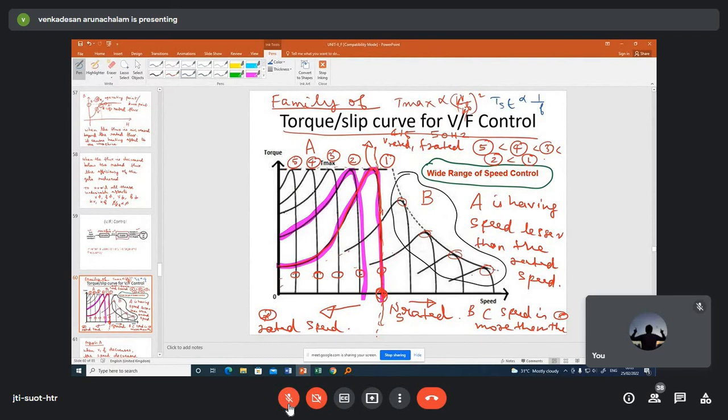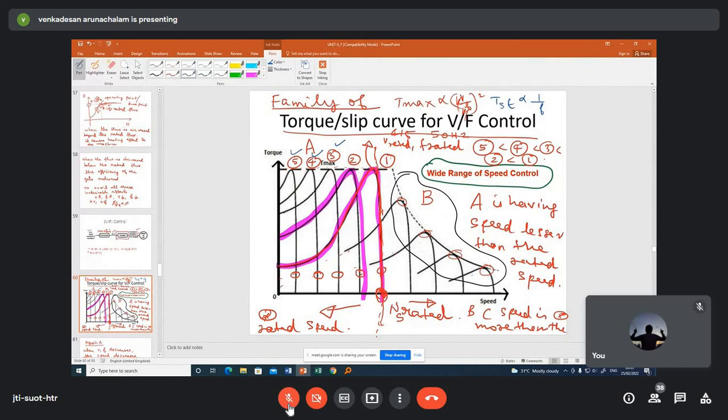Until you decrease the frequency further, you will get a family of graphs like this: graph 3, graph 4, graph 5.